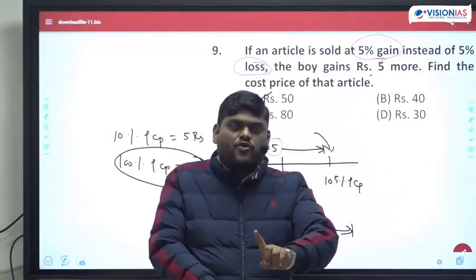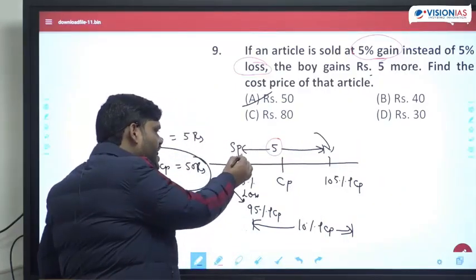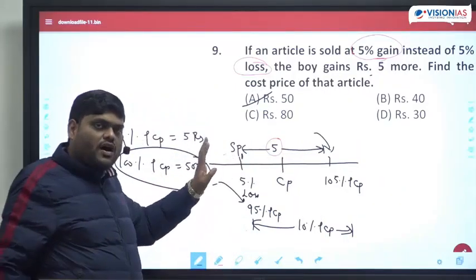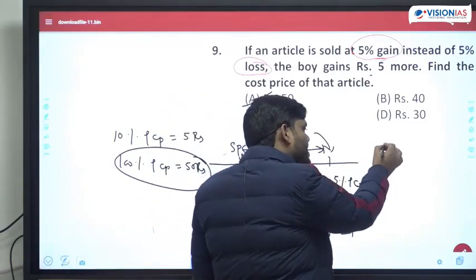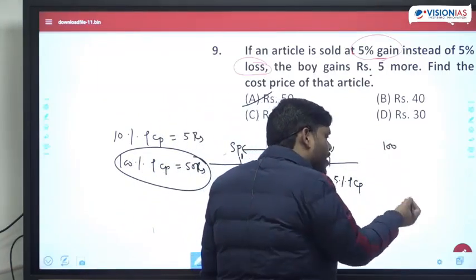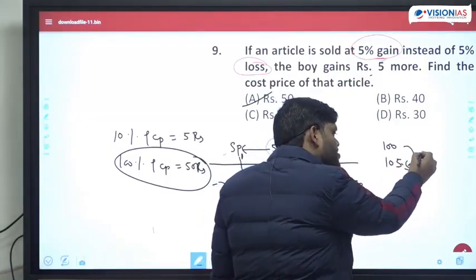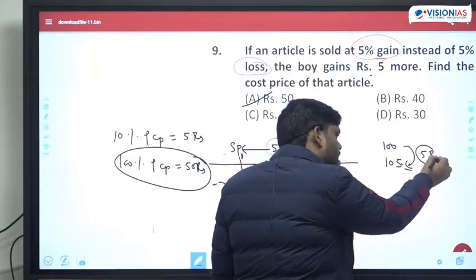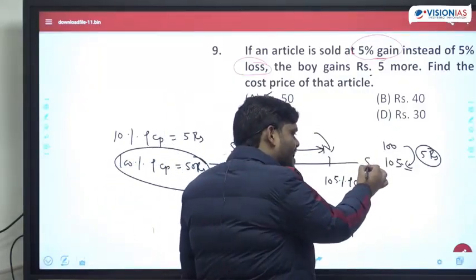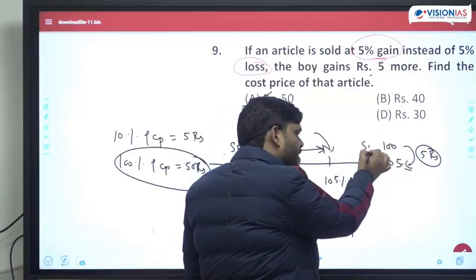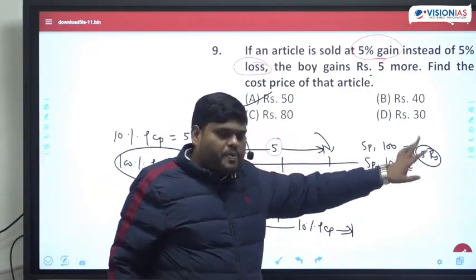So when the item was sold at 5% loss, that means at that time the SP was, देखो, suppose initially you were selling an item at 100 rupees and now you are selling it at 105 rupees. The difference of both is 5 rupees, or not? I can say this is SP1 and this is SP2, and the difference between these two is 5 rupees.